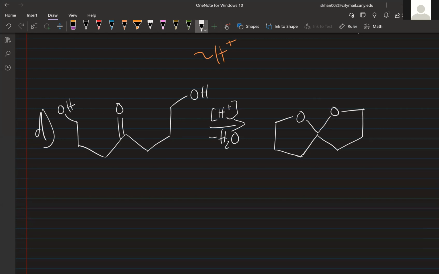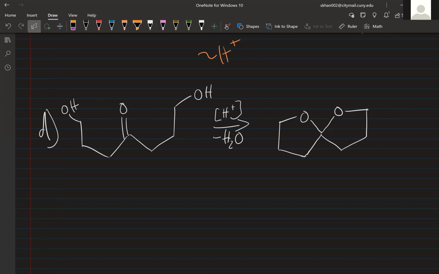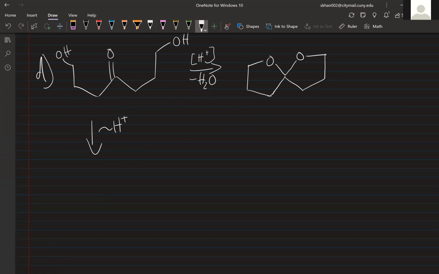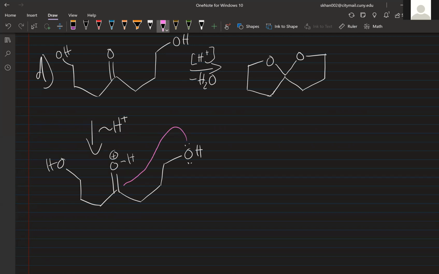Now we know that these alcohol groups are just going to go in and form your product. So we can start with the first step, which is just protonation. It doesn't really matter which side you pick. It's going to start off with the right side.